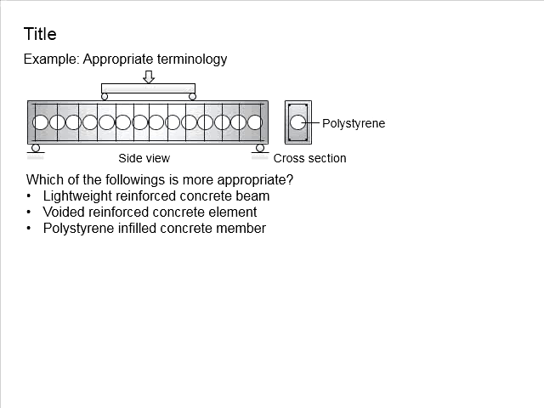So now you need to determine which of these three will most appropriately represent the member. Are you going to call it a lightweight reinforced concrete beam? Or is it a voided reinforced concrete element? Or is it a polystyrene infilled concrete member?